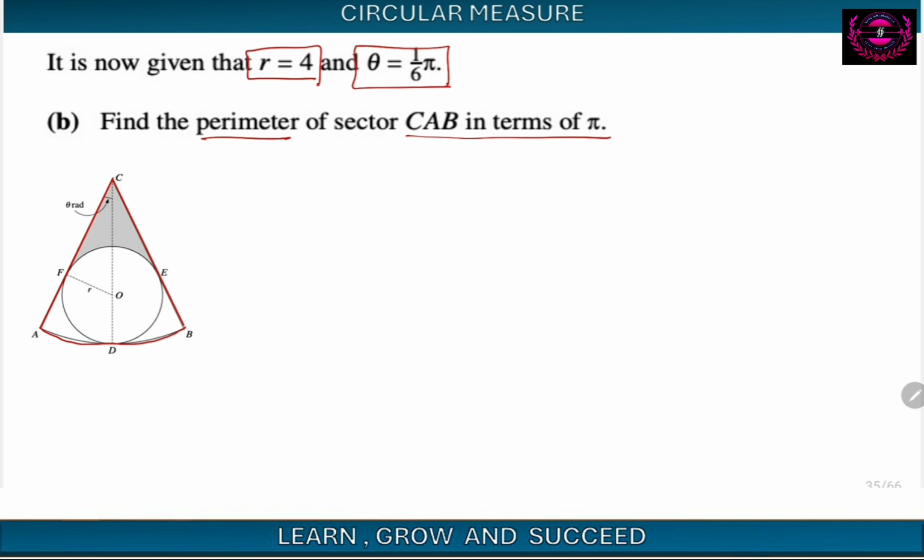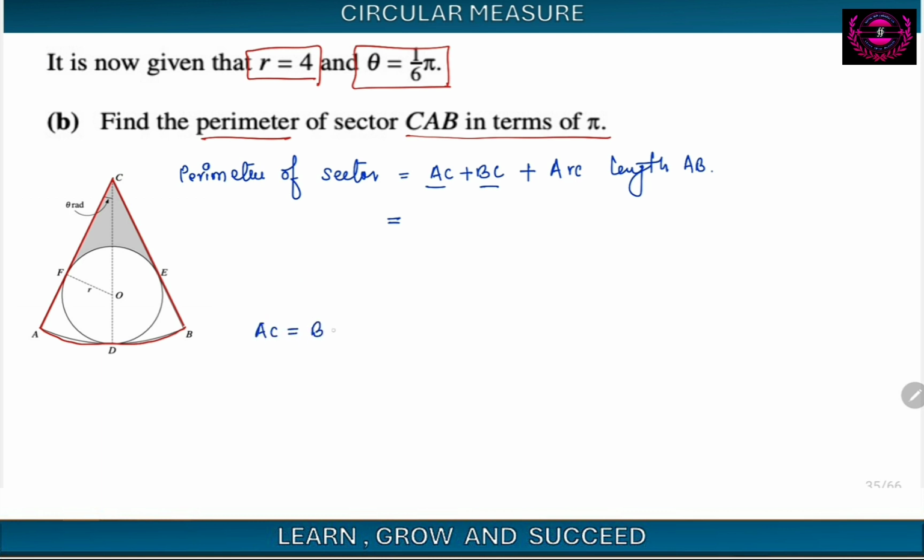So the perimeter of the sector equals AC plus BC plus arc length AB. AC plus BC are radii of the sector. So I can say AC equals BC equals the radius of the sector, which is r upon sine theta plus r, which we calculated in the previous part.